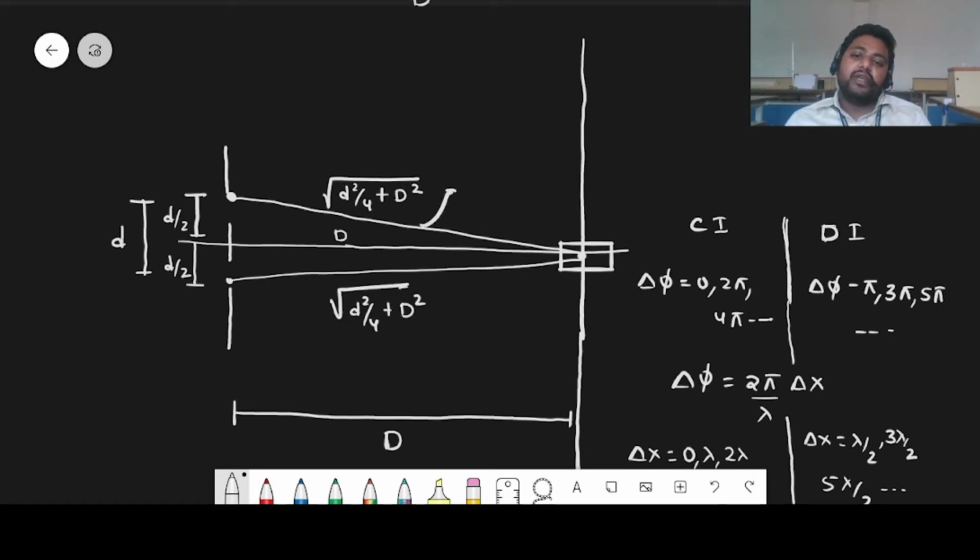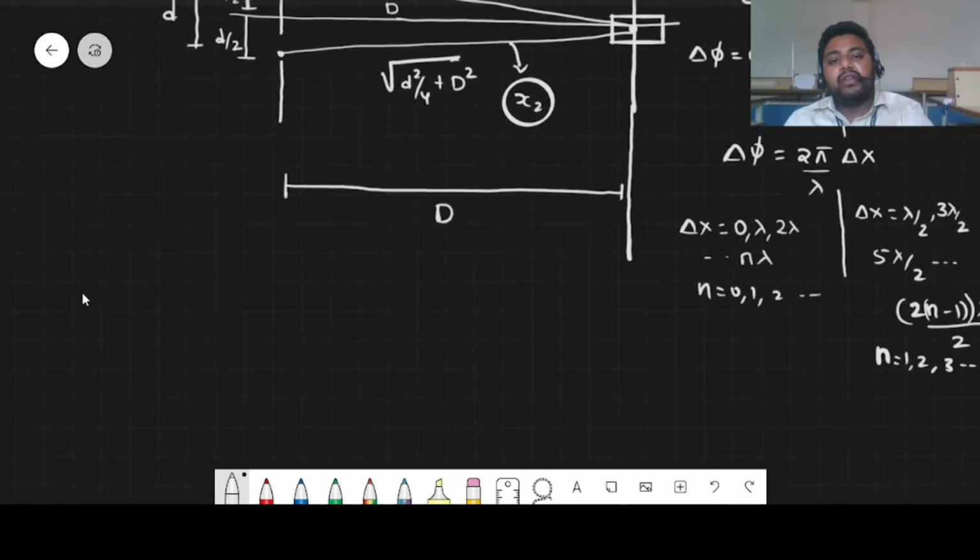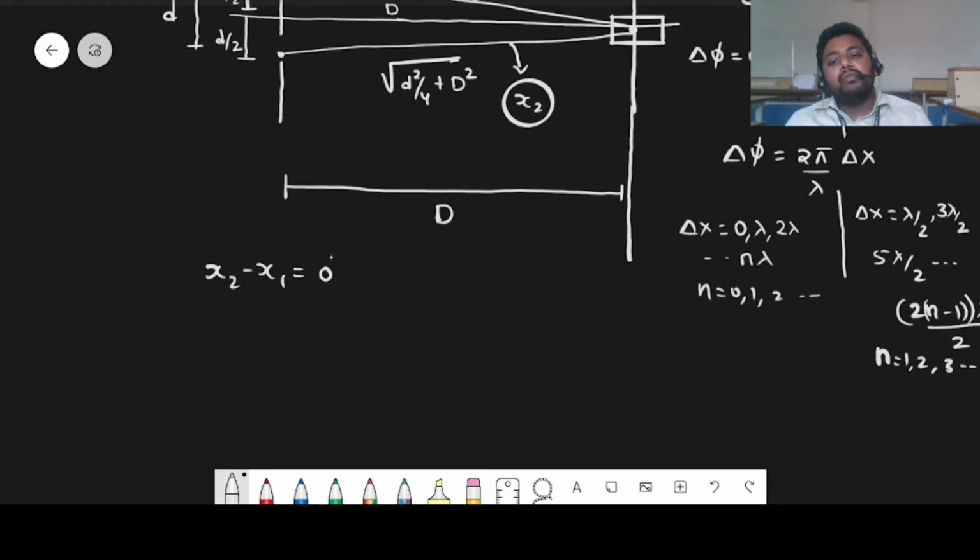Now this is your x1, path traveled by the initial wave, and this is x2, path traveled by the second wave. If you are trying to understand what is the path difference, x2 minus x1, it will become 0, since both the distances are same. Now, if path difference is 0, we are going to observe a constructive interference.